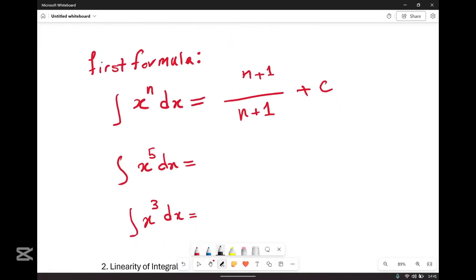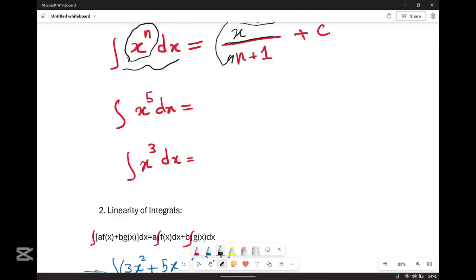But the first important notice, what is that exactly? When your function is in this form, x power n, if we calculate this integration, the answer is x power n plus 1 divided by n plus 1, and at the last, you must add c.